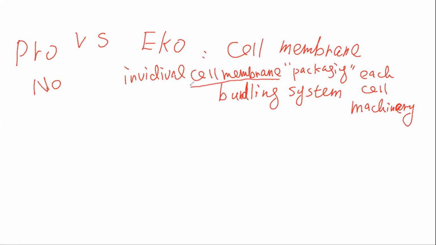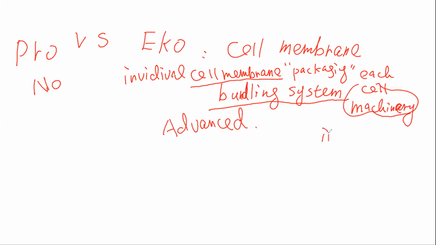This individual packaging, we say it's a boundary system, which indicates evolution, which means eukaryotic cells are more advanced compared to prokaryotic cells, because each cell machinery has individual independent capability.